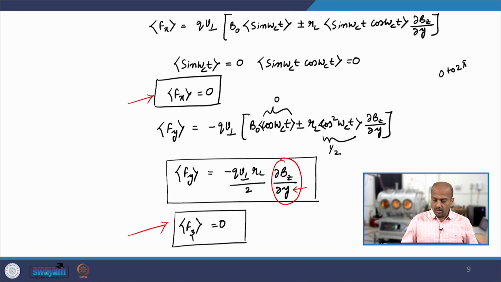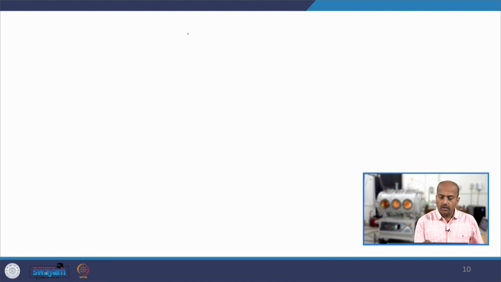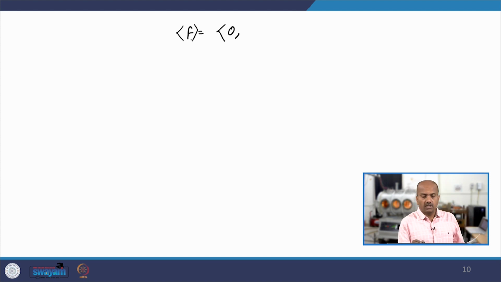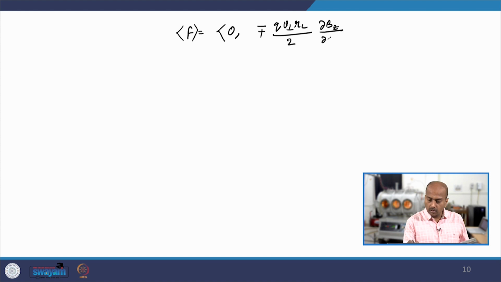If you take the expression for the generalized drift, which is 1 by q F cross B by B square, because of this additional force we will write F, the average force that the particle experiences within one gyro orbit, as 0, q v perpendicular RL by 2 dou Bz by dou y, comma 0.